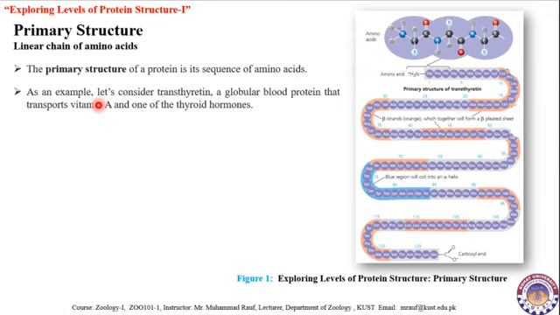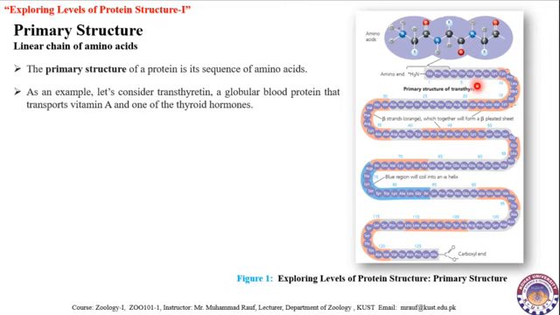As an example, let's consider transthyretin, a globular blood protein that transports vitamin A and one of the thyroid hormones. On the right side of your screen, you have an illustration of the transthyretin protein.